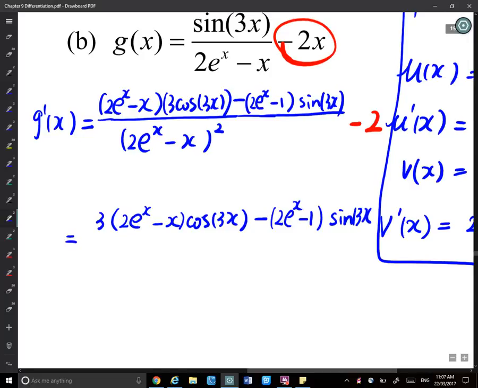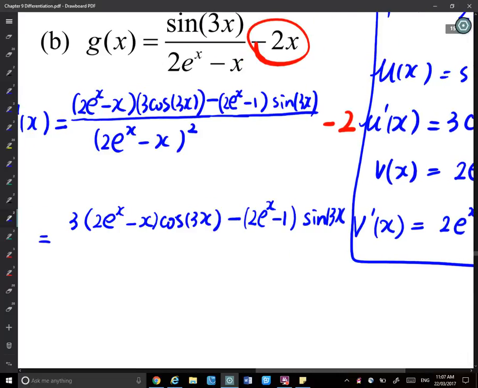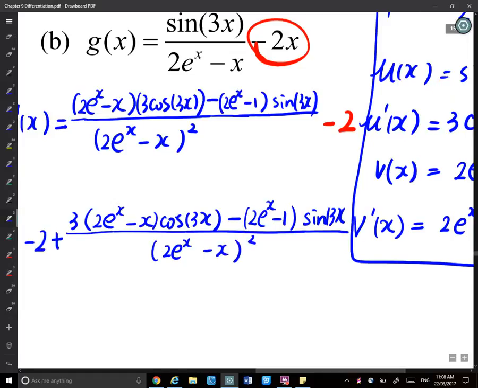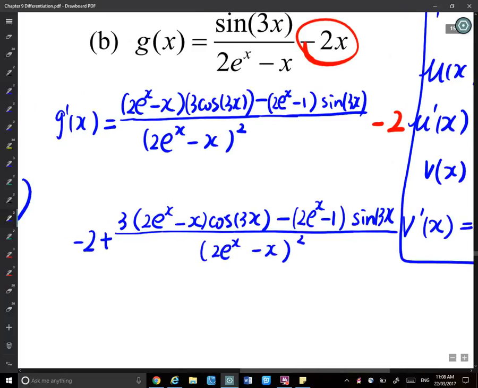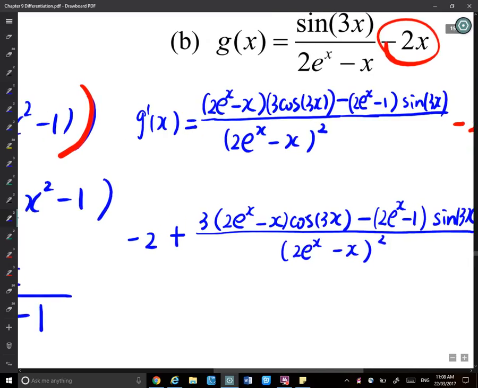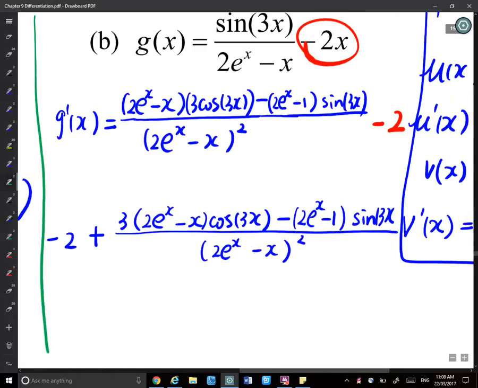Oh, I have no place to write minus 2. Well, let's do this: (2e^x minus x) squared, and you have a minus 2 in the front. Okay, that works. Minus 2 plus that thing.